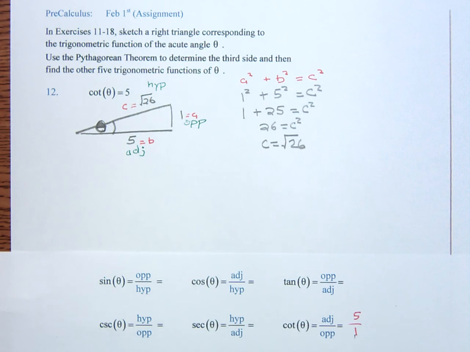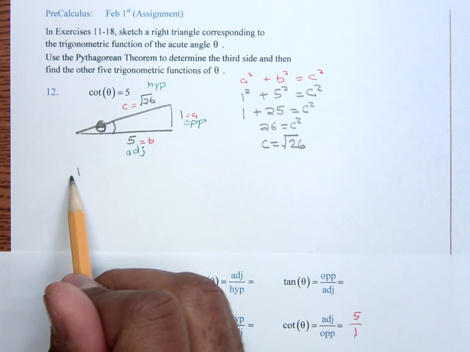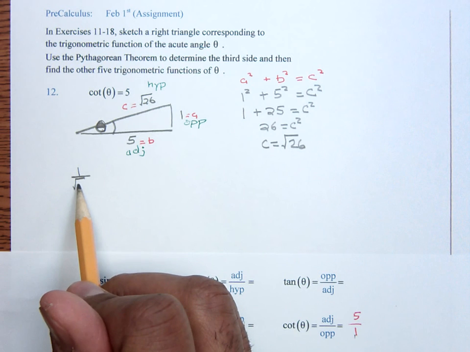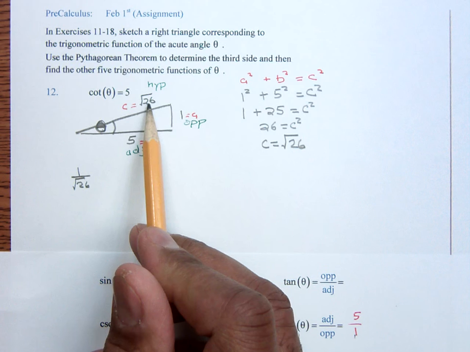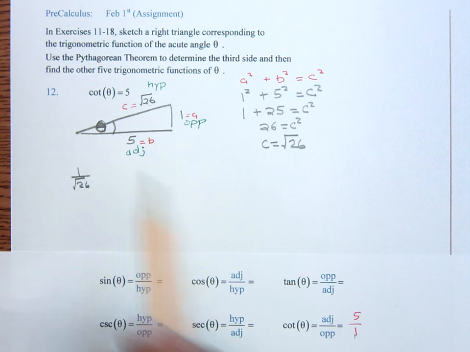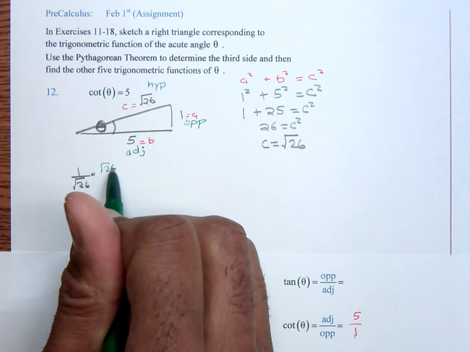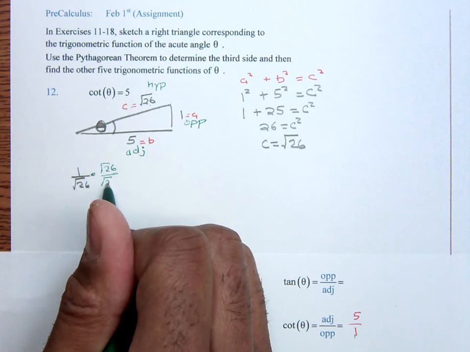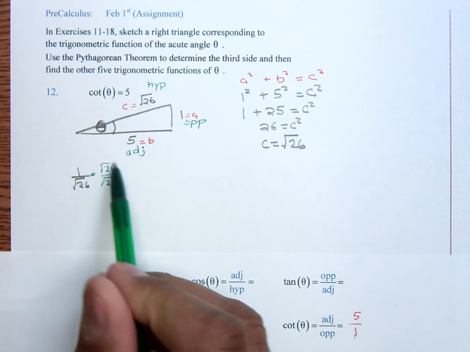I'm not going to write that here yet, because if I write that as 1 over radical 26, remember the opposite over the hypotenuse, we have to simplify this by rationalizing our denominator. So we need to multiply by radical 26 over radical 26. Keep in mind this is just equal to 1, this green part.